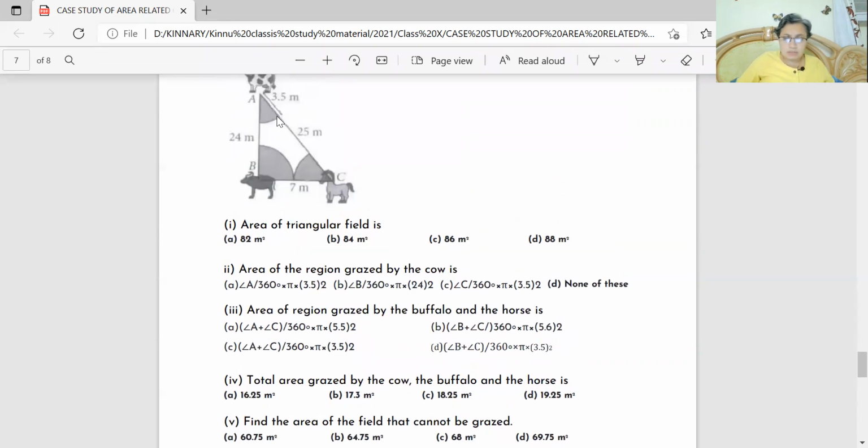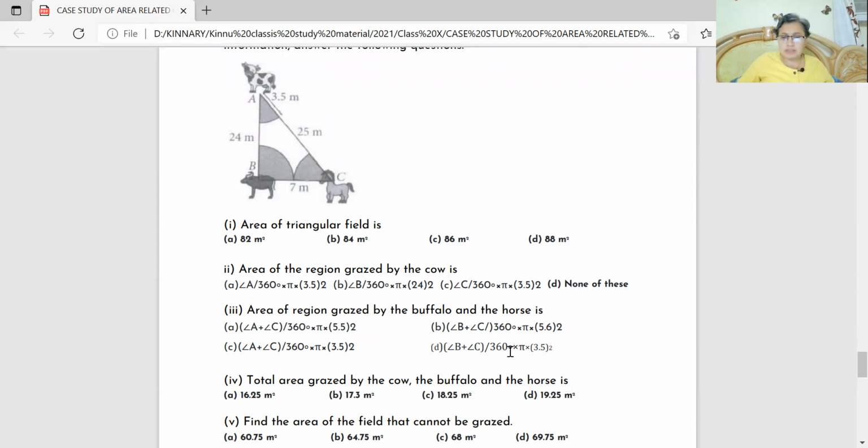So you need to make only one change in D, that you need to add angle A in this. So what you will get is angle A plus angle B plus angle C divided by 360 degree into pi into 3.5 whole square, right? Now angle A plus angle B plus angle C will give you 180 degree, by the angle sum property of triangle.